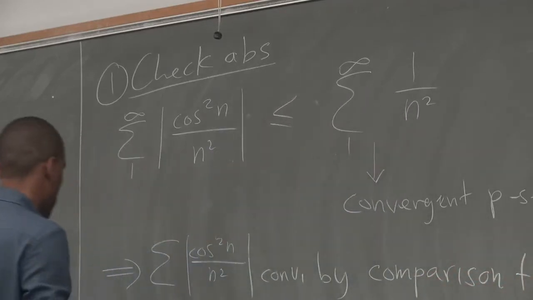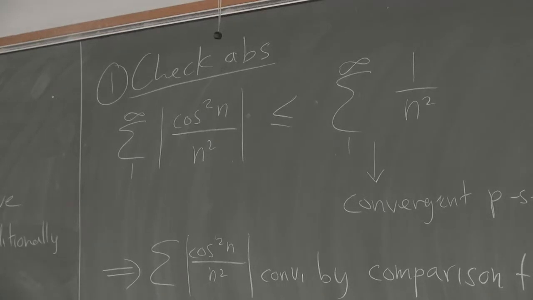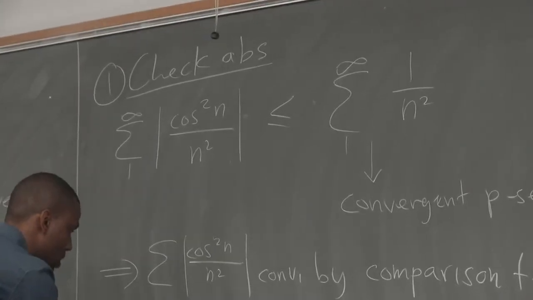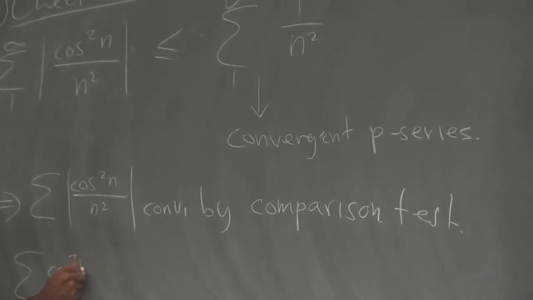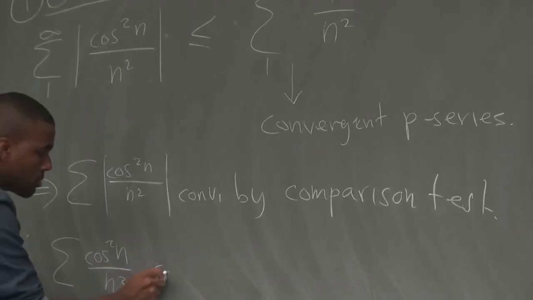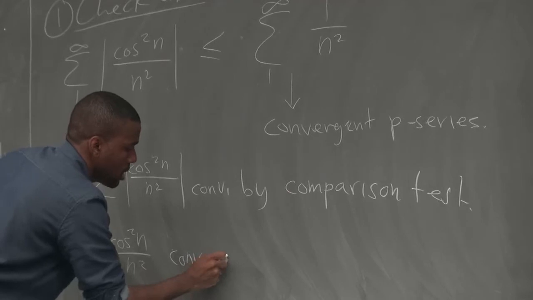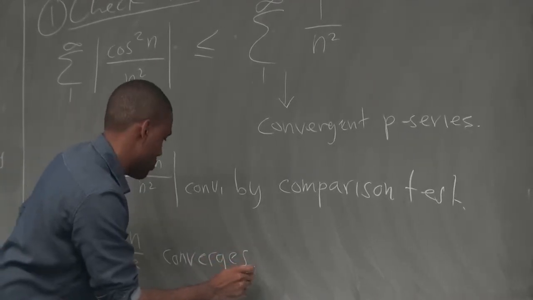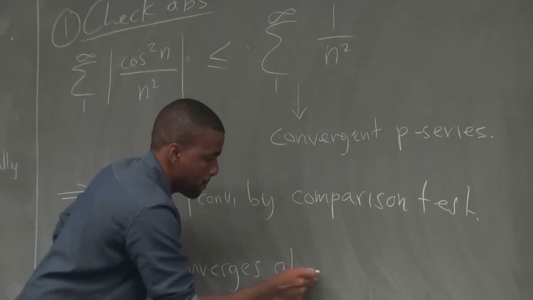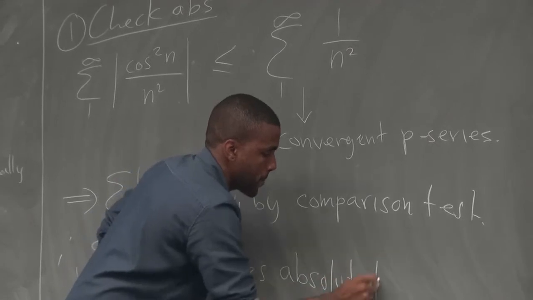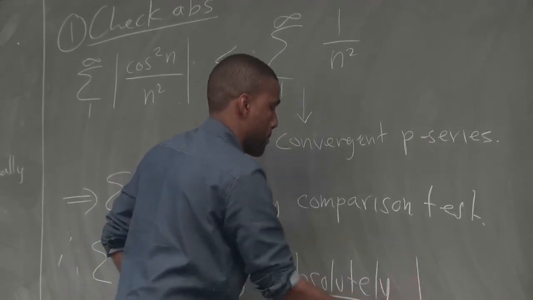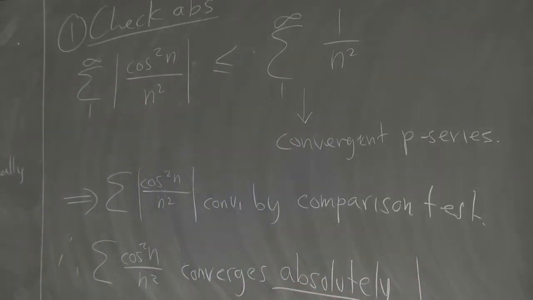Do we have to mention what test we're using? Yes, you always have to mention what test you're using. Therefore, the original series, you would say converges absolutely. Yes, you always have to justify your steps.